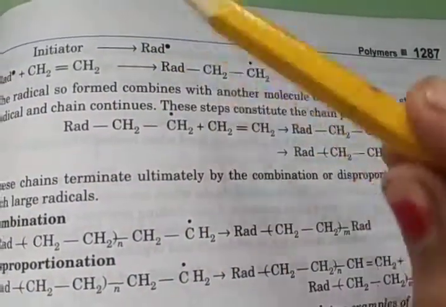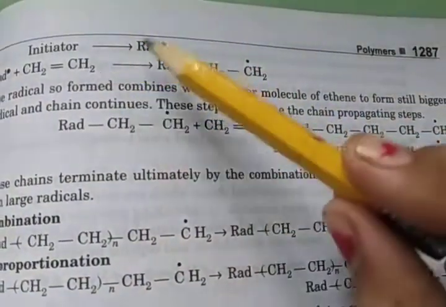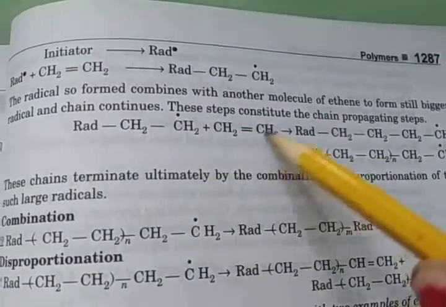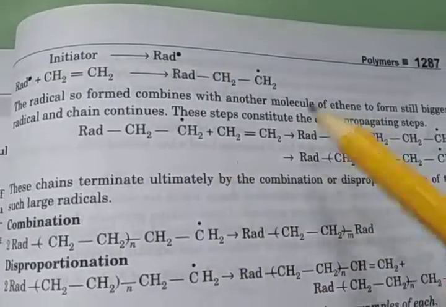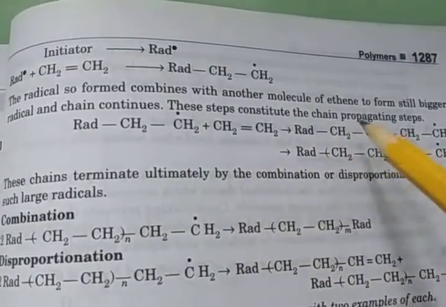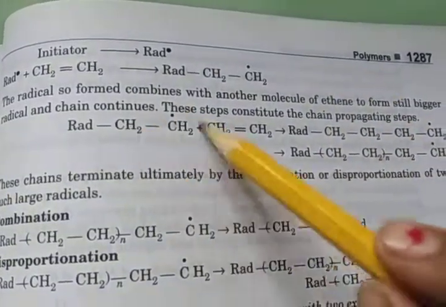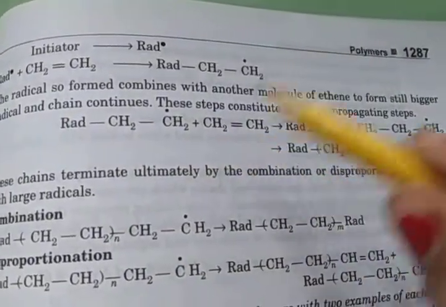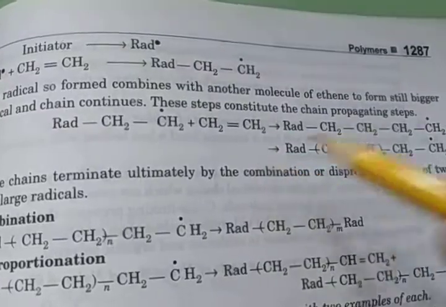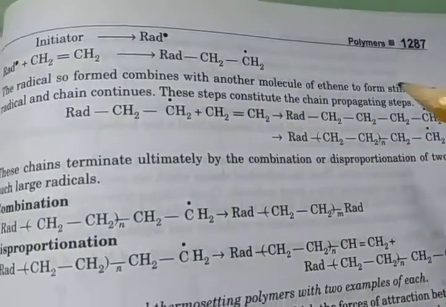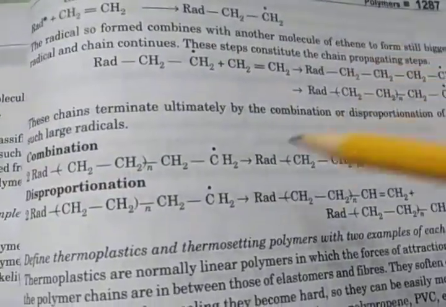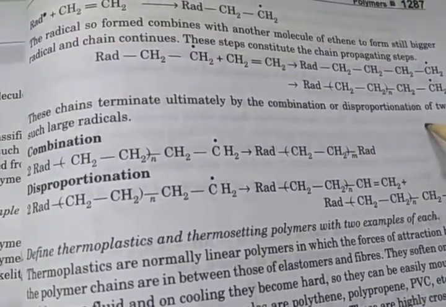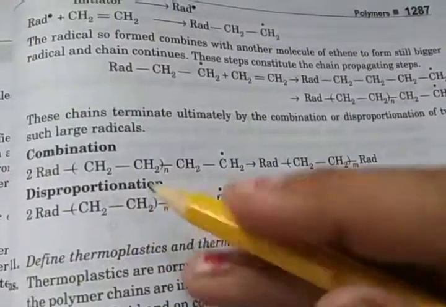First is the initiating step with the initiator. Second, whenever the chain continues, these steps constitute the chain propagating step. Again this radical combines with another molecule of ethene, so the chain grows. The chain terminates ultimately by the combination, or disproportionation, of two such larger radicals.